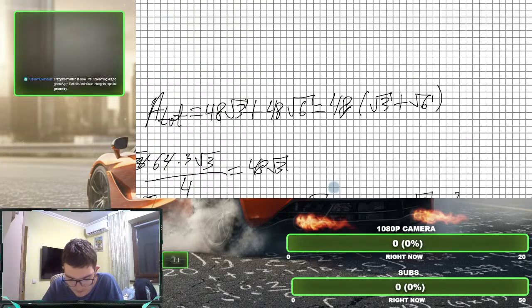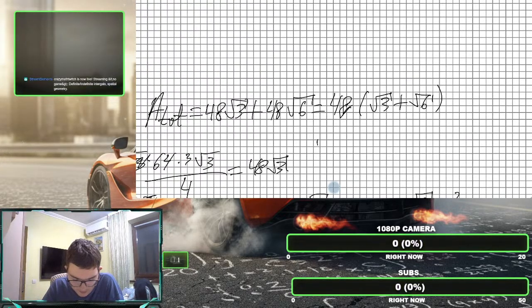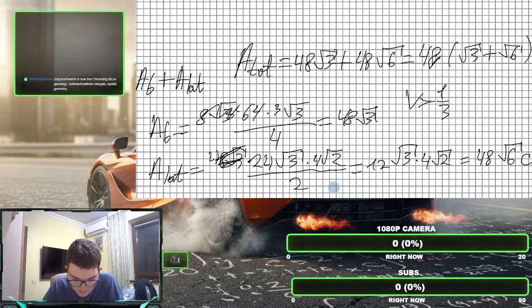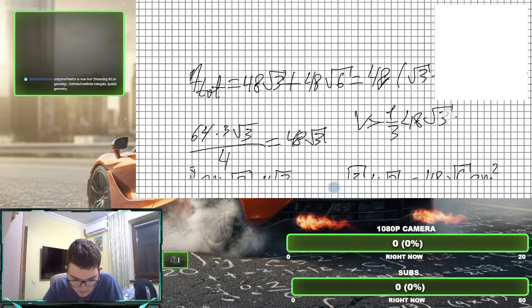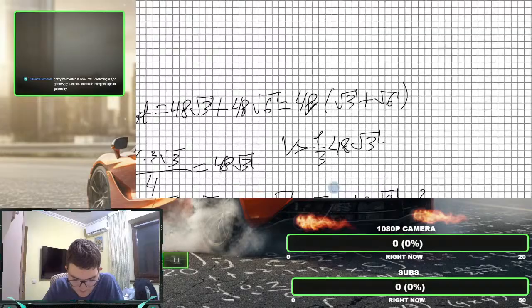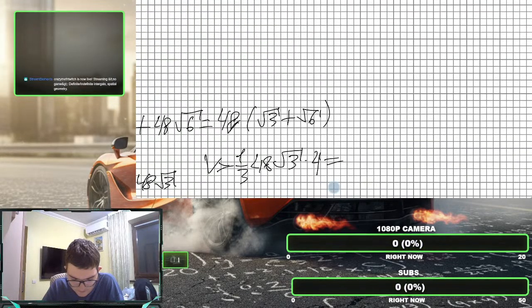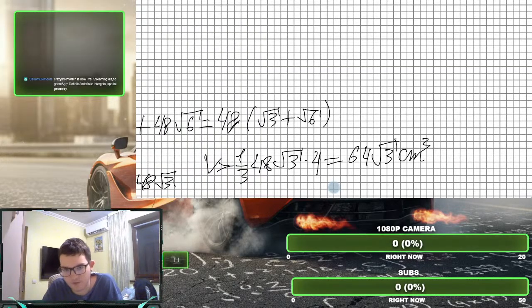Now volume essentially has a simple formula, usual formula. AB, 48 square root of 3 times the height, which is 4, and here I would have 48 divided by 3, 16, right, 16 times 4, 64 square root of 3 centimeters cube. This is the volume right here.